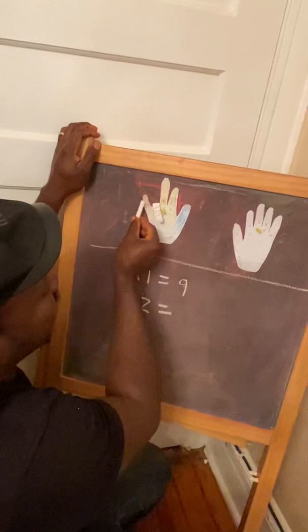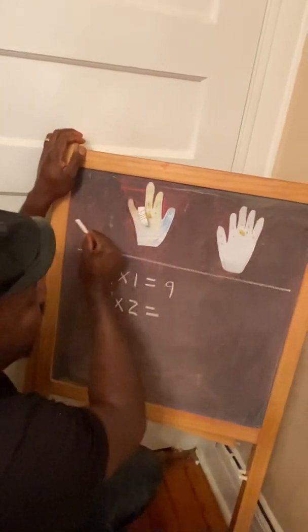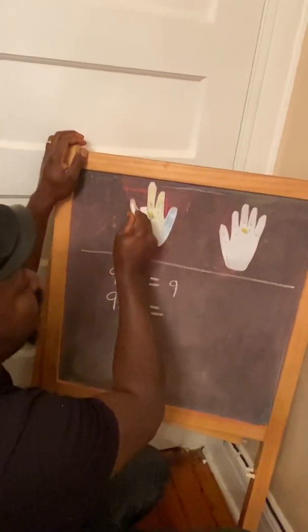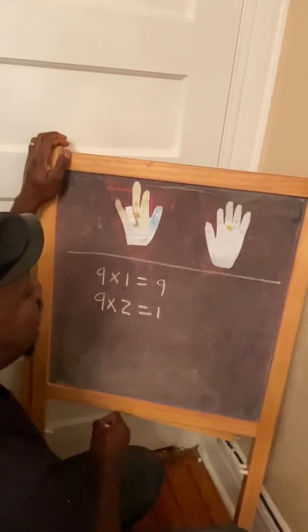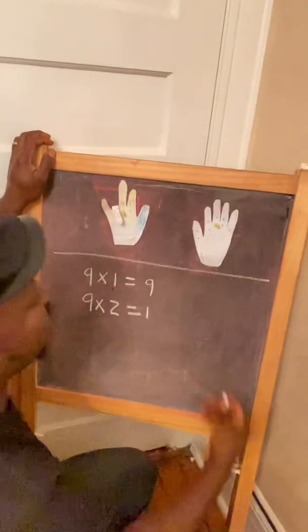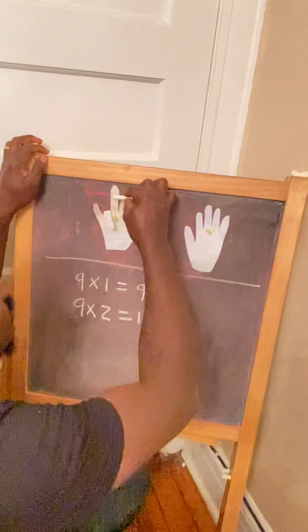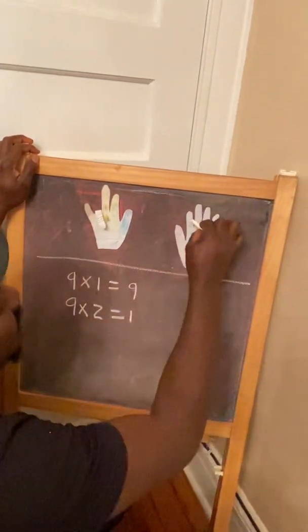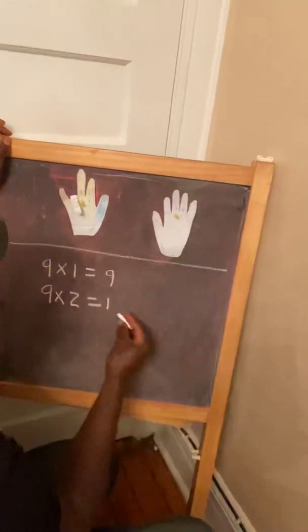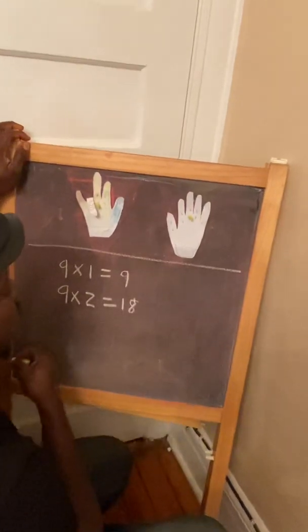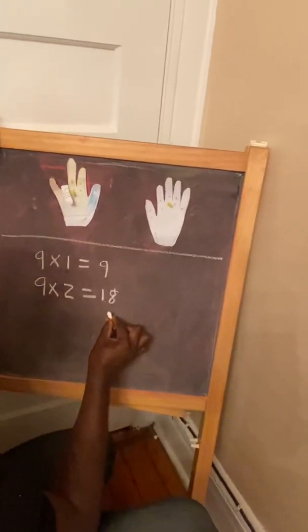We've got only 1 staying on that side. Okay, we put that one here. And then how many on the other side right now? We've got 1, 2, 3, 4, 5, 6, 7, 8. That's easy. You see? If you do 9 by 2, this is 18.